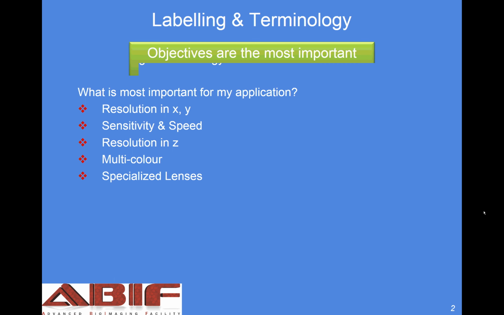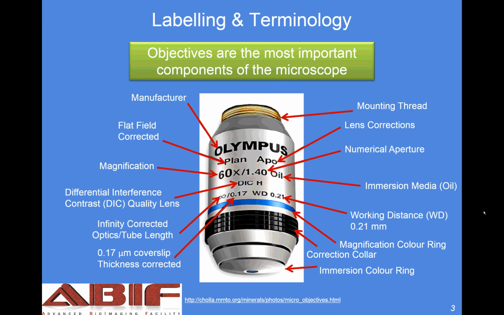So each objective has a lot of information on it, and it really is the most important component of the microscope. So it's important to know the properties of the lens you're using and make sure it's the right lens for the application. So some of the labeling is quite obvious, the manufacturer, the magnification, and so on. And then other terms need a bit more explanation, such as the working distance and whether a lens is flat field corrected and so on.